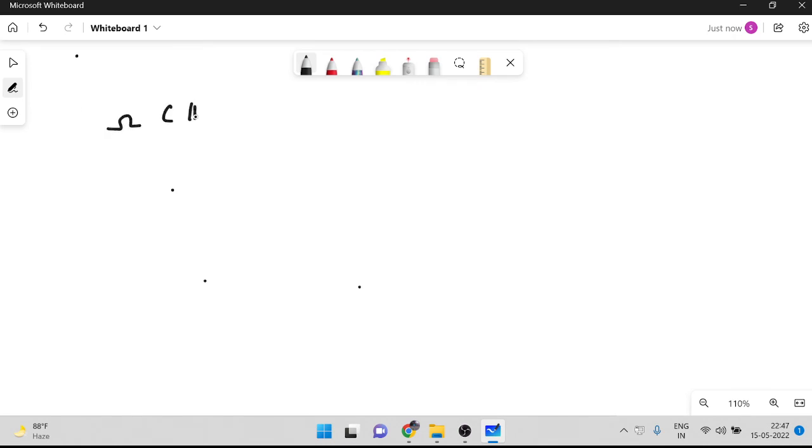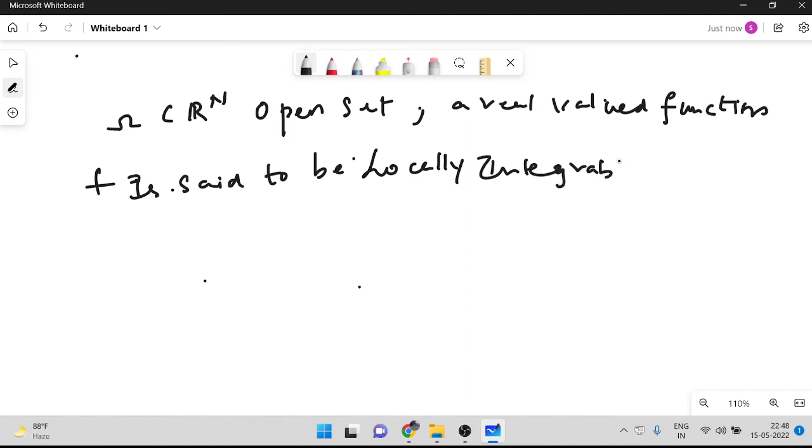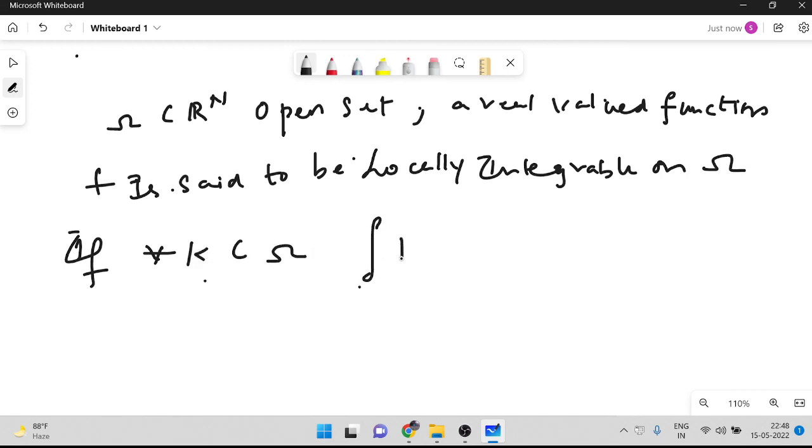So Ω in R^n is an open set, and a real valued function f is said to be locally integrable on Ω if for every compact subset of Ω, the integral of |f| dμ on the compact set is less than plus infinity.